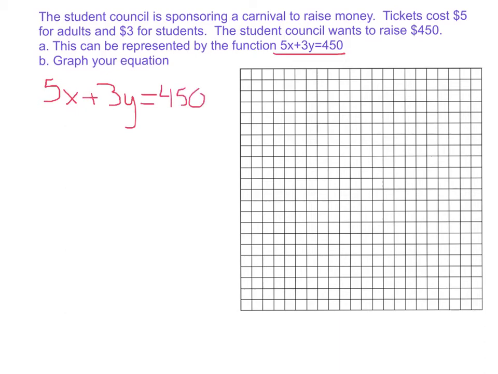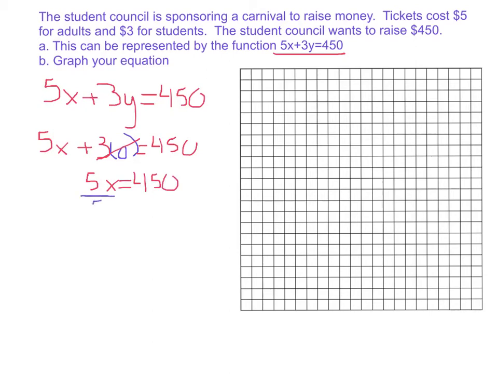So we can find the x-intercept first, and we can do that by plugging in 0 for y. So 5x plus 3 times 0 equals 450. So the 3 times 0 is 0, so that cancels out, and you're left with 5x equals 450.